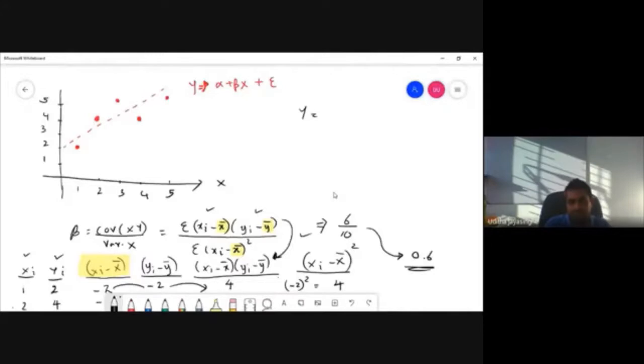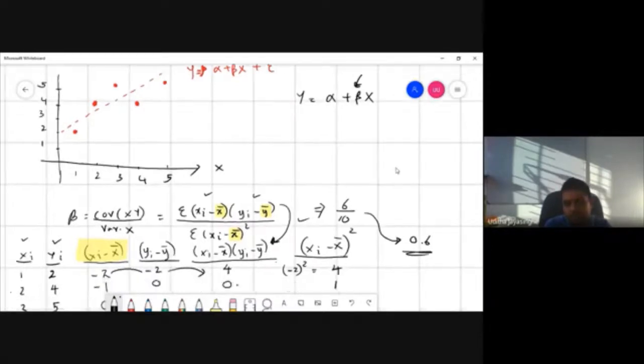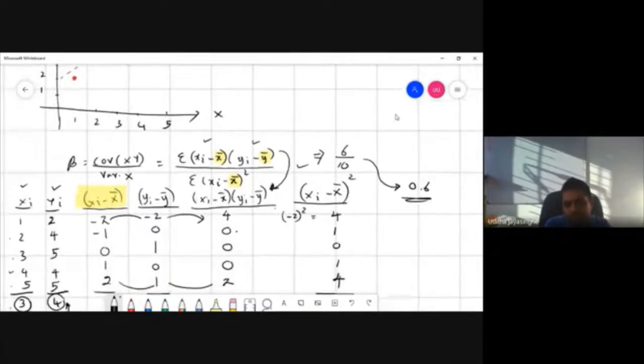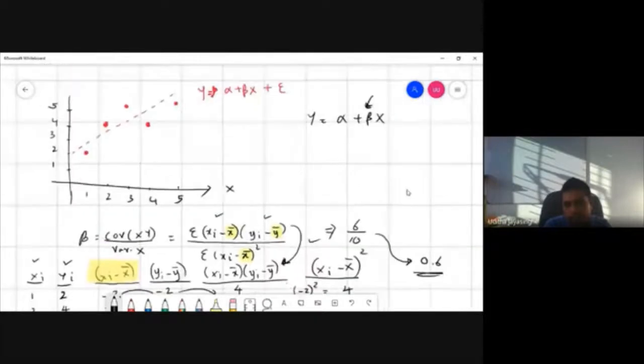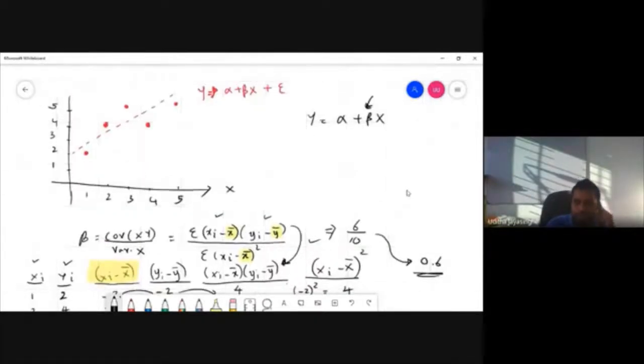Now we can calculate the alpha simply by replacing the beta and applying the average points. I know the y bar, I know the x bar. The values are y bar is 4 and x bar is 3. Y bar is 4, alpha is here, and beta is 0.6, which I just calculated, and x is going to be 3.